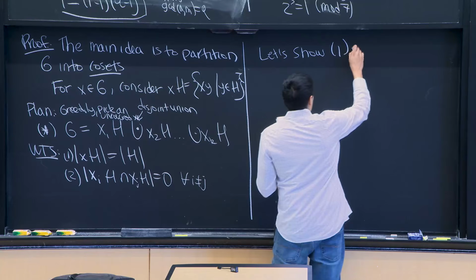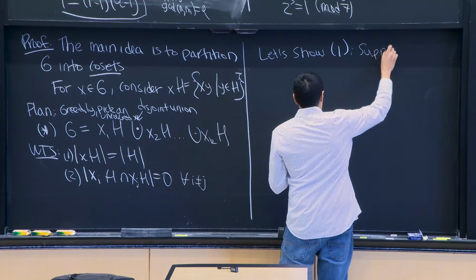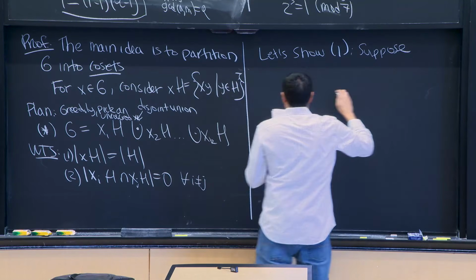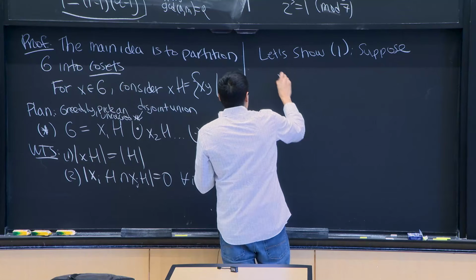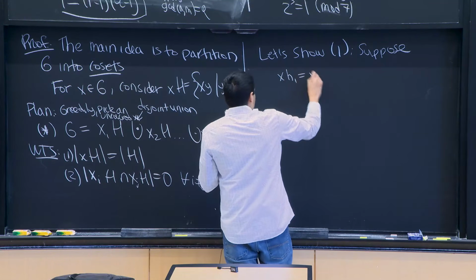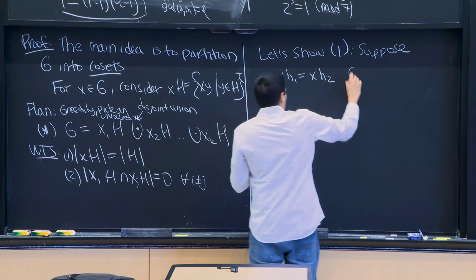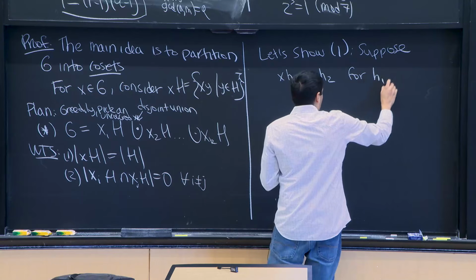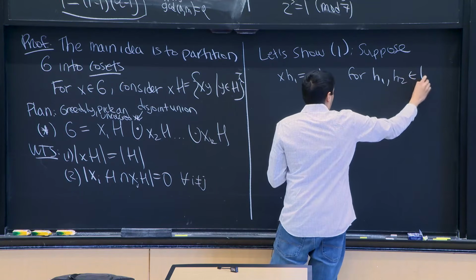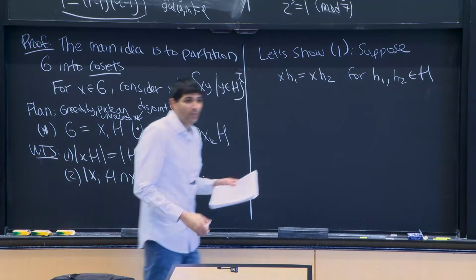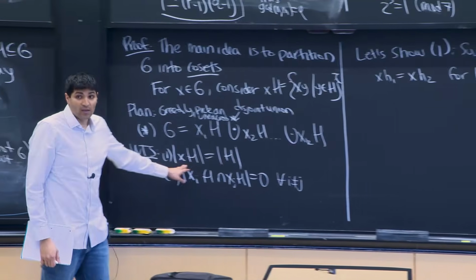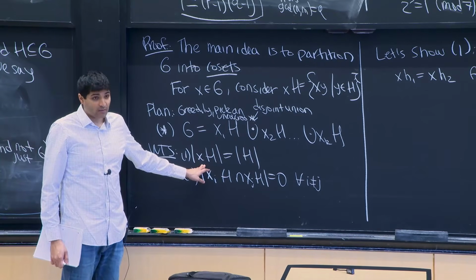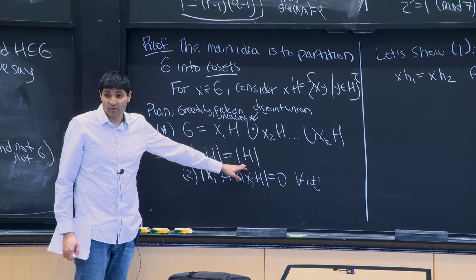And let's suppose that xh1 equals xh2 for some h1 and h2 belonging to my subgroup capital H. So what is the way that I wouldn't get that the coset has size order of H?